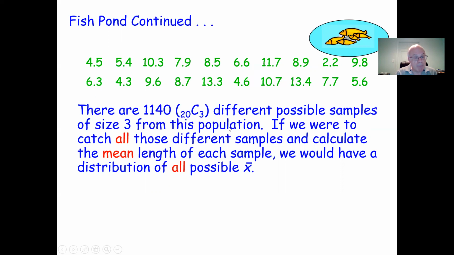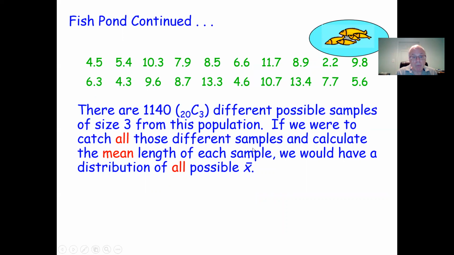That's quite a bit. So picture listing all 1,140 samples of size 3 and finding their means. In other words, there would be a mean or average for each one of those samples. There would be 1,140 means, wouldn't there?